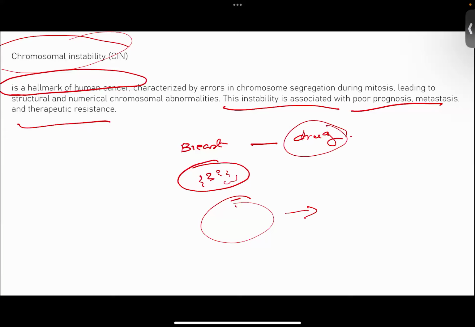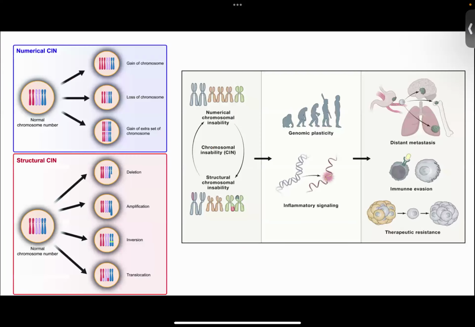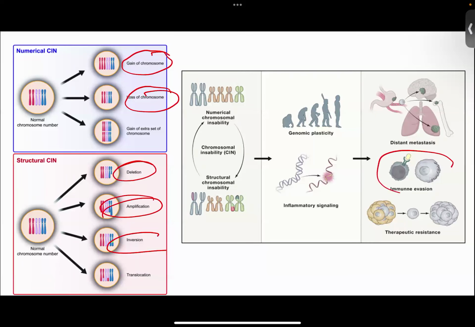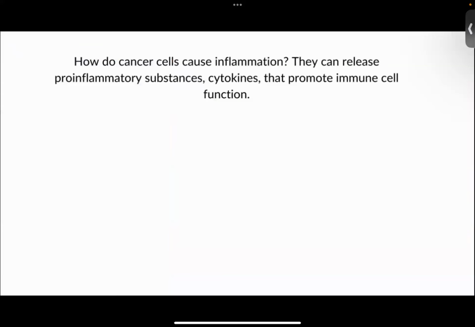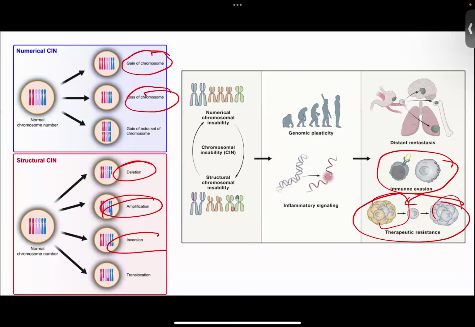So you design certain drugs, but now it is not working because of chromosomal instability. There is some kind of structural or numerical chromosomal instability. Either there is a gain of chromosome, loss of chromosome, deletion, amplification, any kinds of changes. Because of that, it can do immune evasion or therapeutic resistance, meaning what you designed for that doesn't work. So this is the side of chromosomal instability.